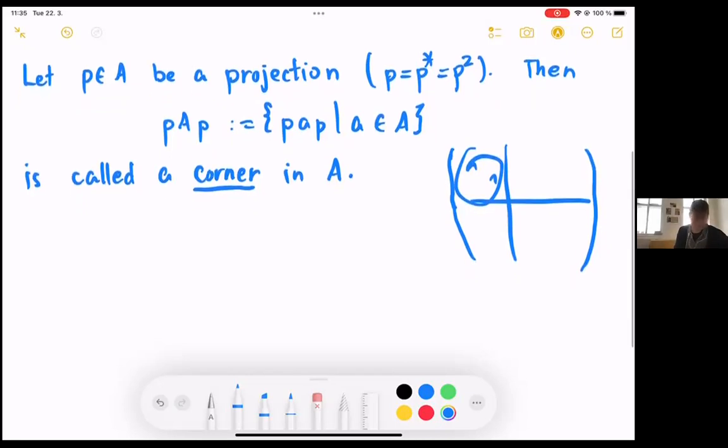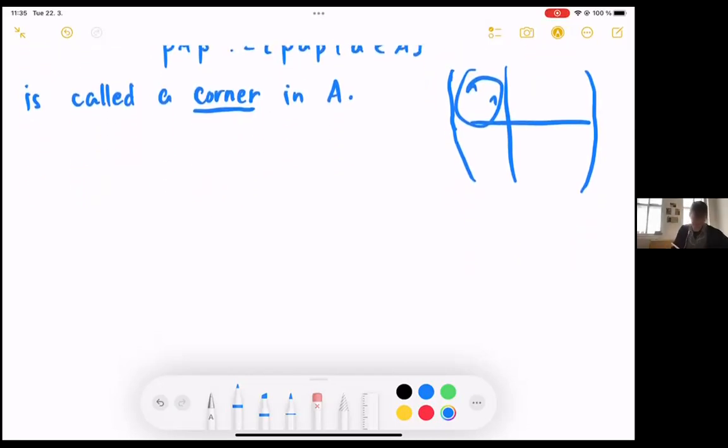Okay, so we have the following theorem, that this is in fact an example of a hereditary subalgebra.